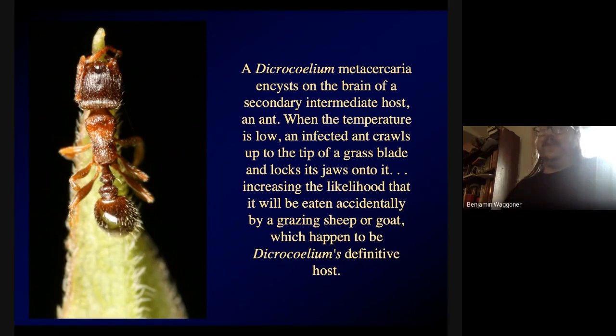That increases the likelihood that they will be eaten by a sheep or a goat, which happens to be the definitive host of dicrocelium. So the metacercaria of dicrocelium, I'm not sure I know how this works neurologically, but they influence the ant to do something suicidal, to climb up to the tip of grass blades and wait to be eaten by a sheep.